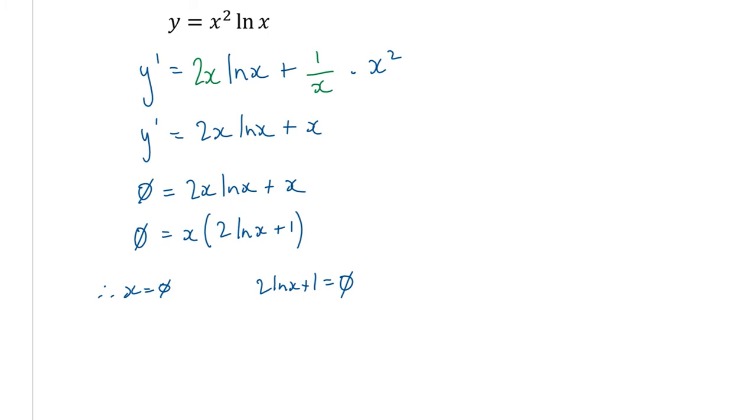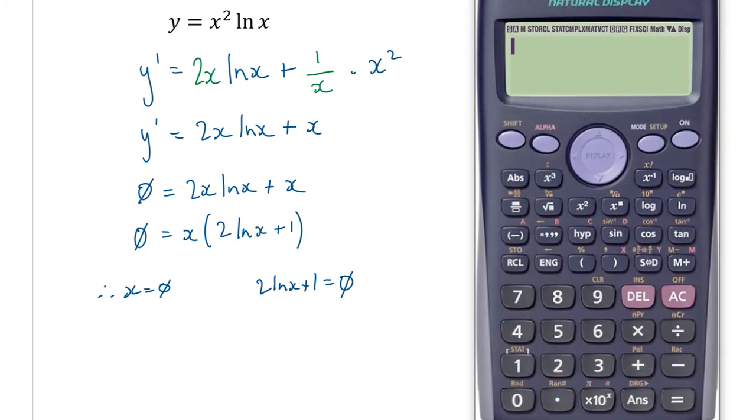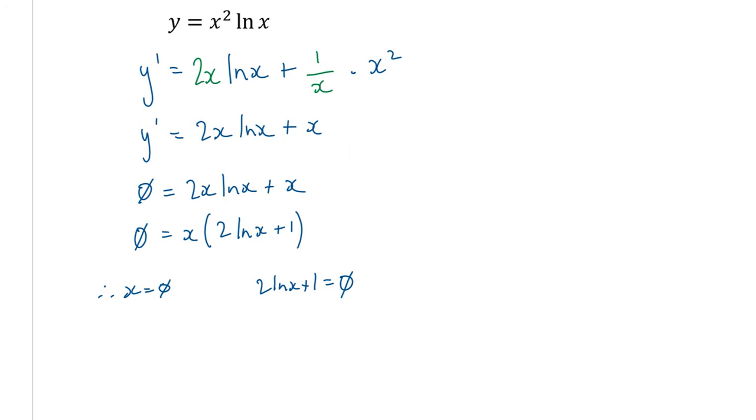But what happens when I sub 0 into that function? 0 squared times ln of 0. Aha! You can't take the logarithm of 0. It is not in the domain. So this one's no good.